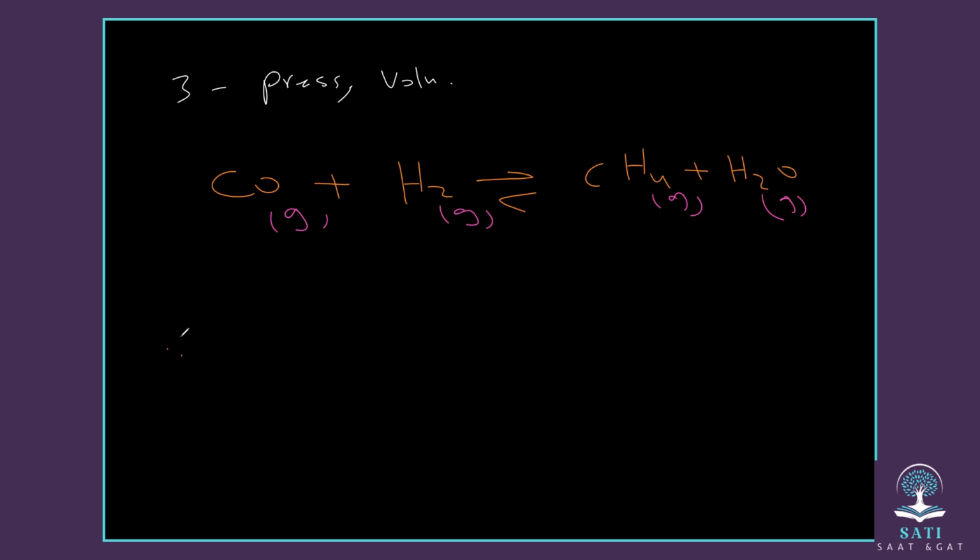To balance it, here we have 1 carbon, and here is 1 carbon. Good. And here you have 6 hydrogen, and here you have 4 hydrogen and here is 2, so that means you have 6 hydrogen. And here you have 1 oxygen, and here we have 1 oxygen, so this equation is balanced, and the states are mentioned: gas, gas, gas, gas.